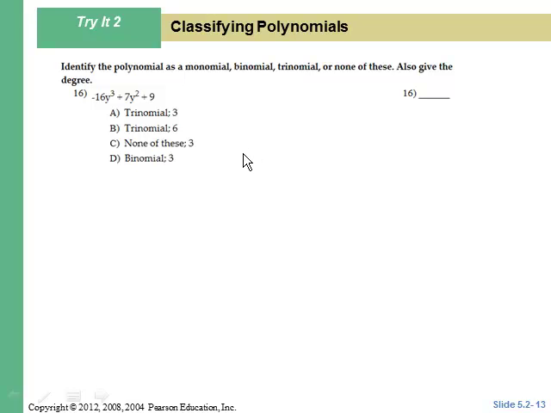How about this one? Also give its degree. The degree is the highest power, 3. It's 3 terms long, so it's a trinomial of degree 3.